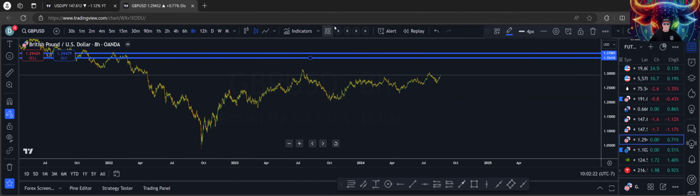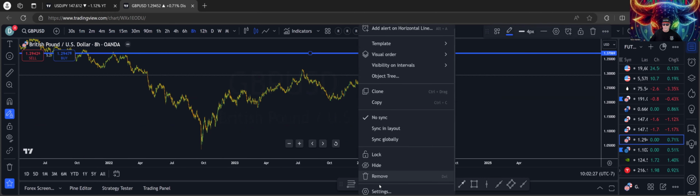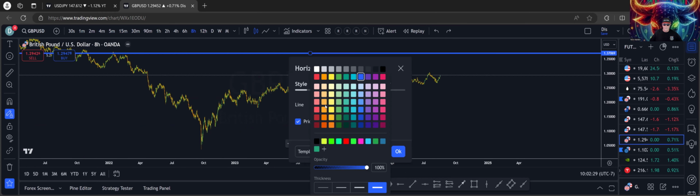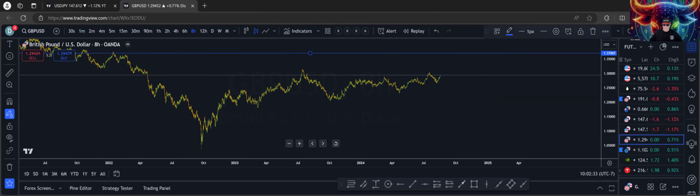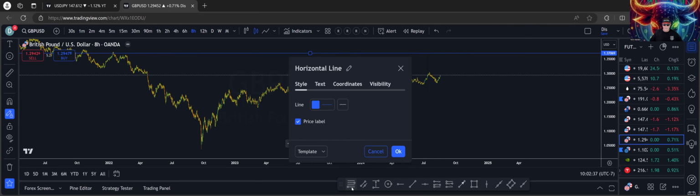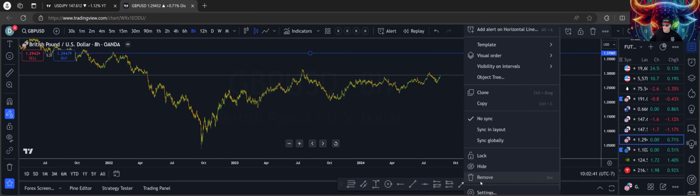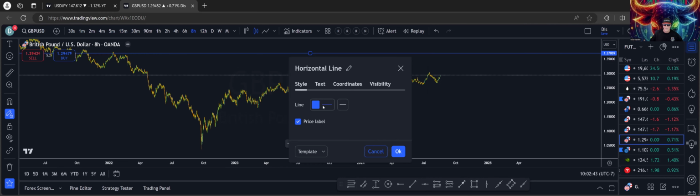Well, let's change this size here. Getting a little big. Support and resistance, right? The market has to move up and down. There's support resistance from the second chart.